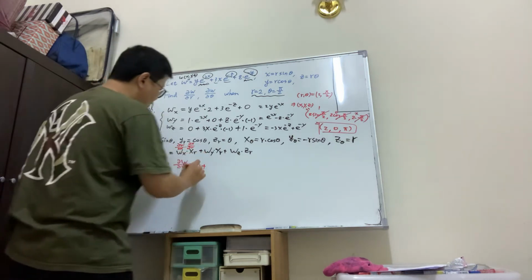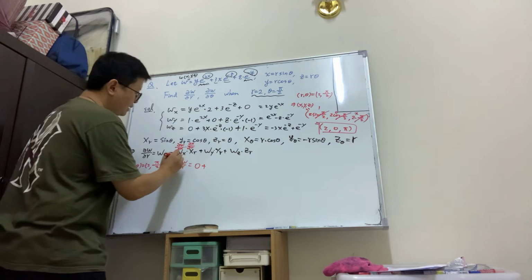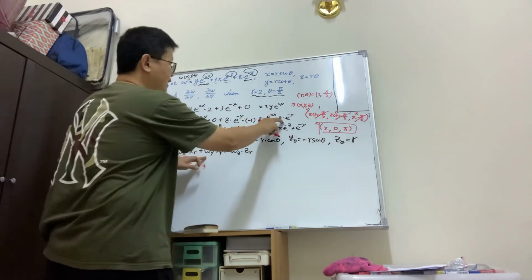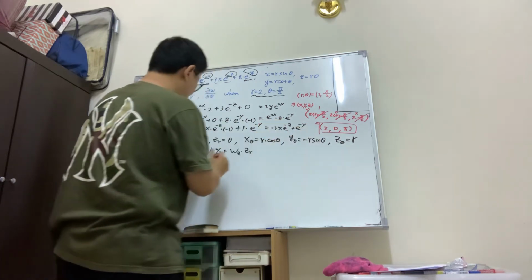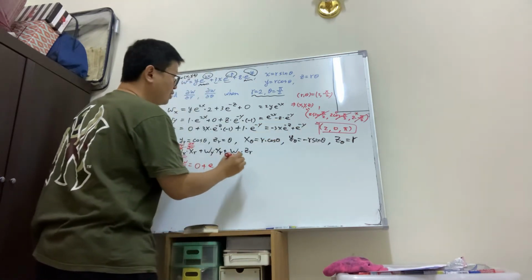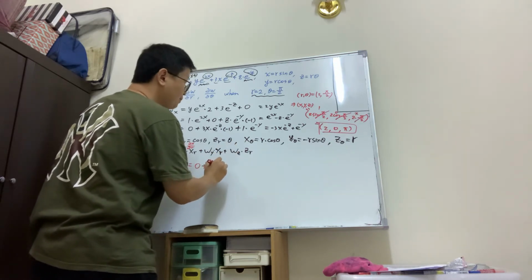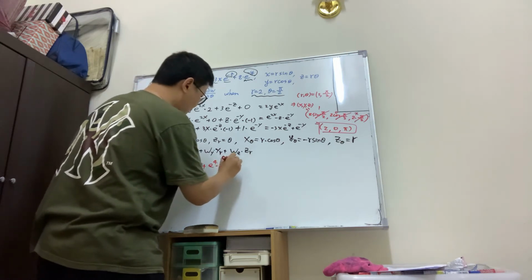And 0 times any one, it must be 0. This term is already 0. And this one, W1 is this term. And in this term, S is 2, so this term is exponential 2 times 2 is 4. Subtract pi times exponent negative 0.